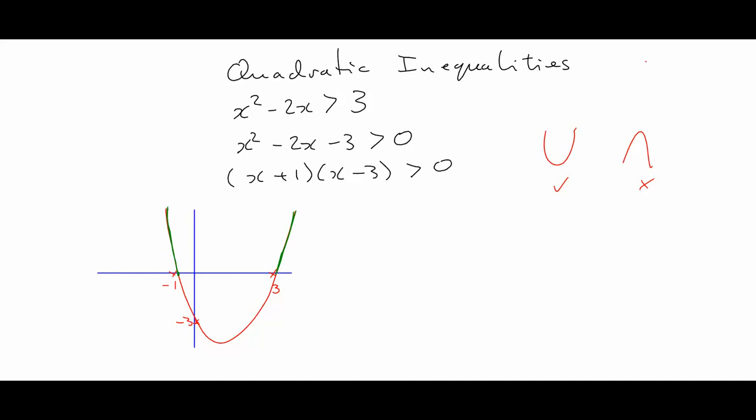And so the x values are less than minus 1 here, or greater than 3 here. We write that by saying x is less than minus 1, or x is greater than 3, like this.